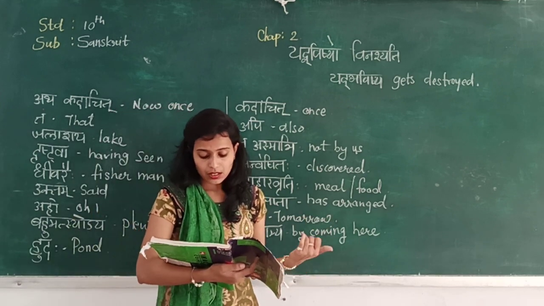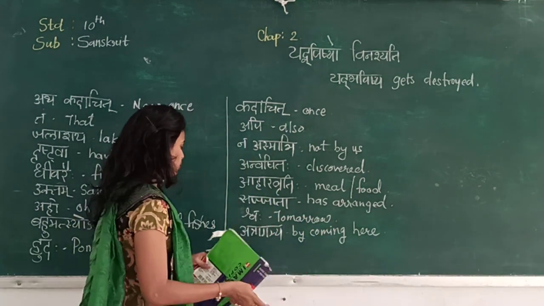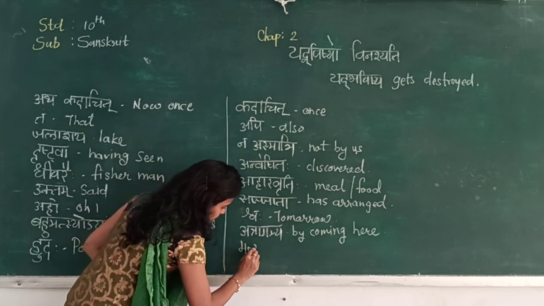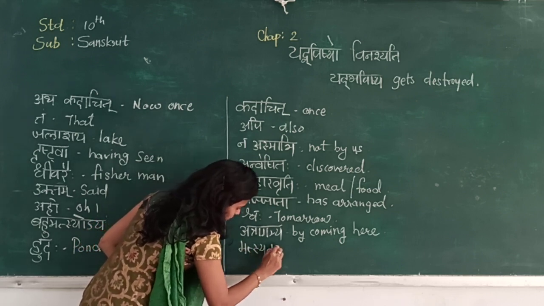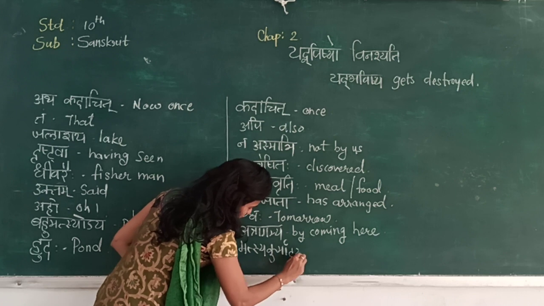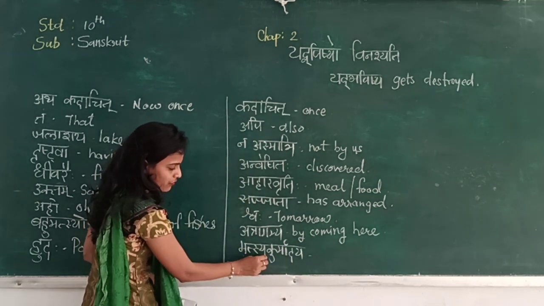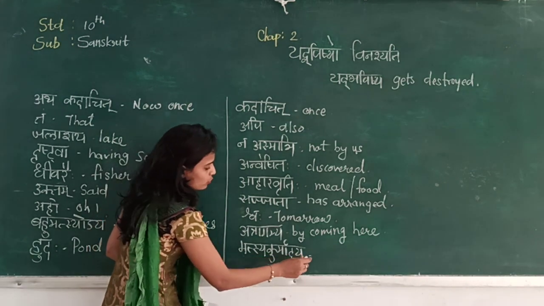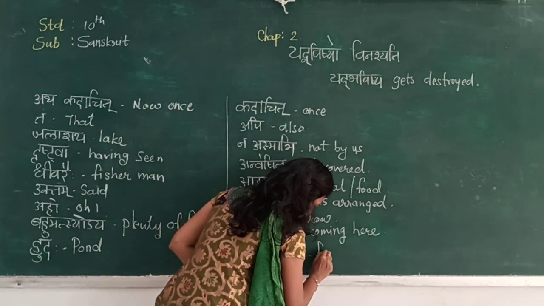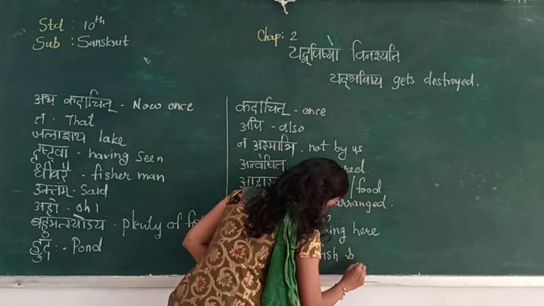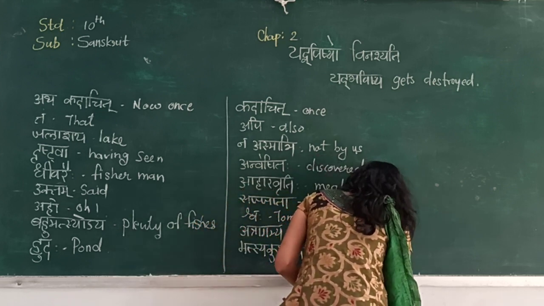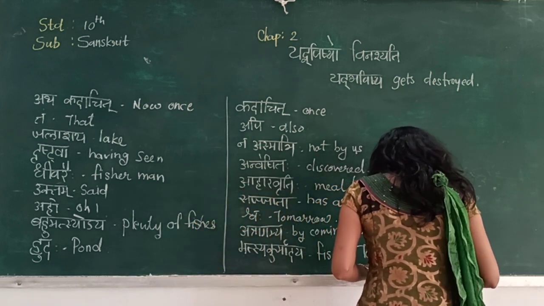Atra gamya matsya kurmadayo. Matsya kurmadayo has two words: matsya means fish, and kurmadaya means tortoise, fish and tortoise.